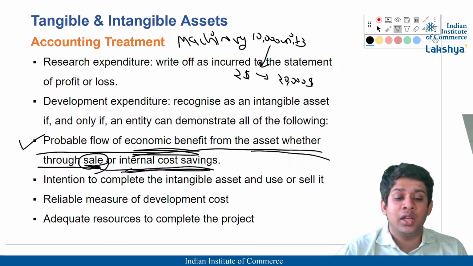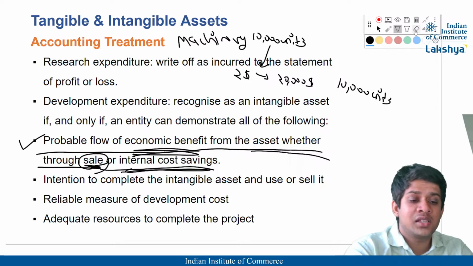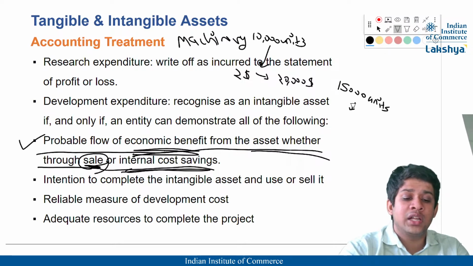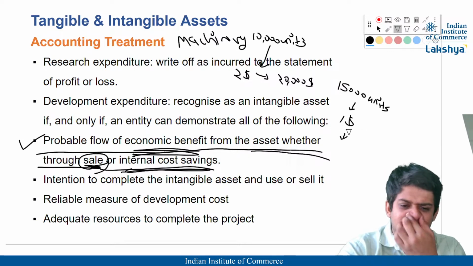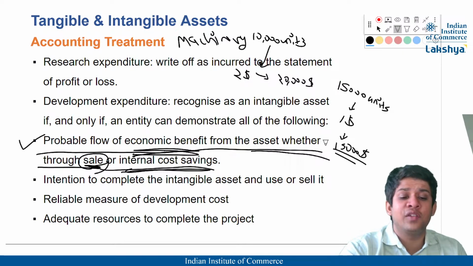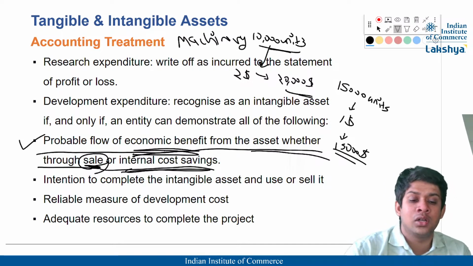I made a new machinery which is also able to produce 10,000 units, or maybe a higher number of units, 15,000 or anything. And also each unit can be produced at $1, right? That means 15,000 products are produced at only $15,000, whereas here only 10,000 units are produced at $20,000.